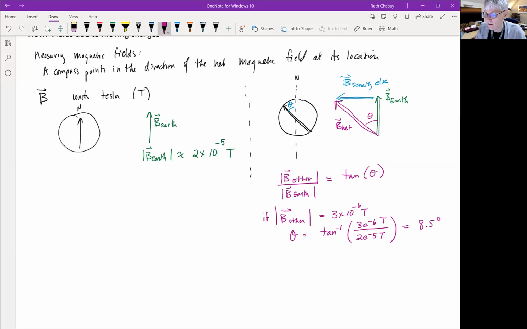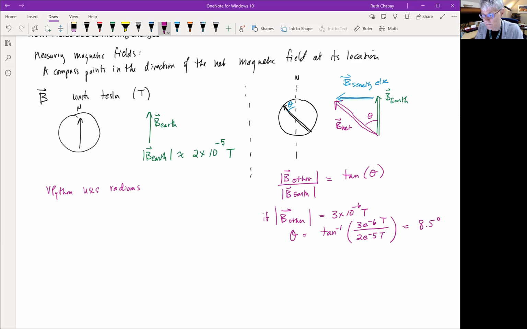A note here: VPython expects angles in radians, so it uses radians. And so you're going to have to convert to radians.